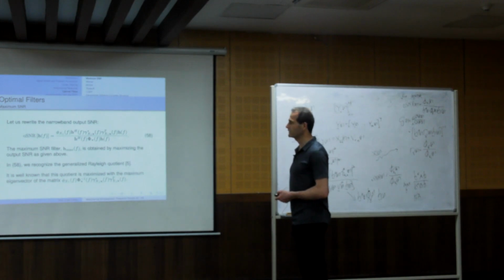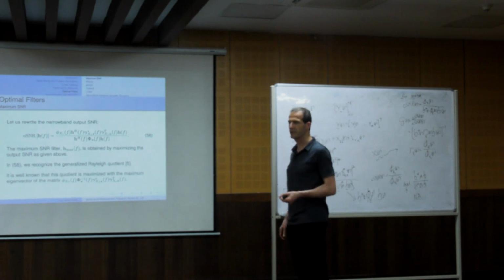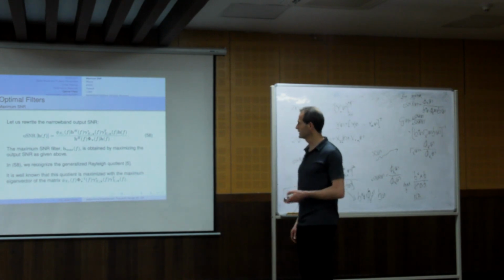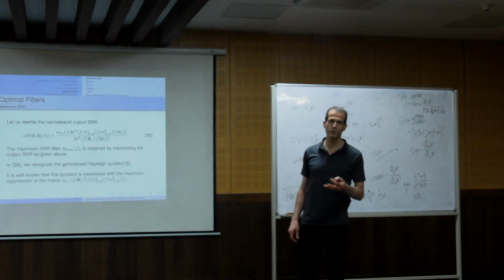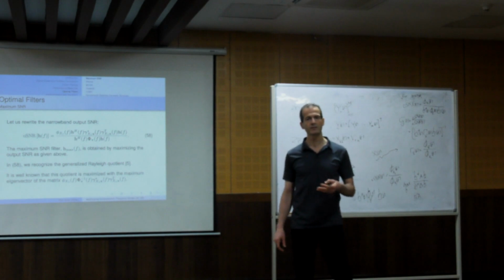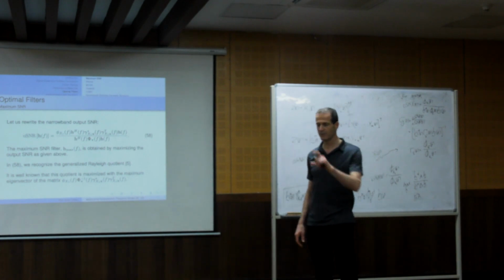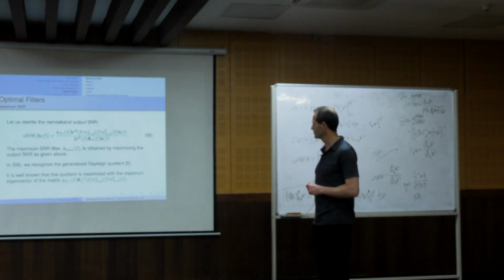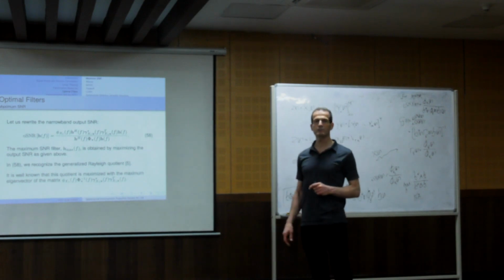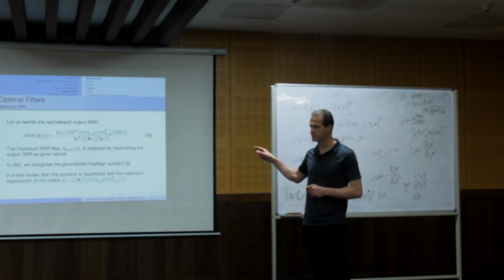By the way, if you're also looking for a nice proof, which is only a few lines, it's in one of the textbooks of Van Trees, Optimum Array Signal Processing. It's a very thick book. Over there, there are a few lines of the solution. Or you can check maybe my book, in one of the problems.